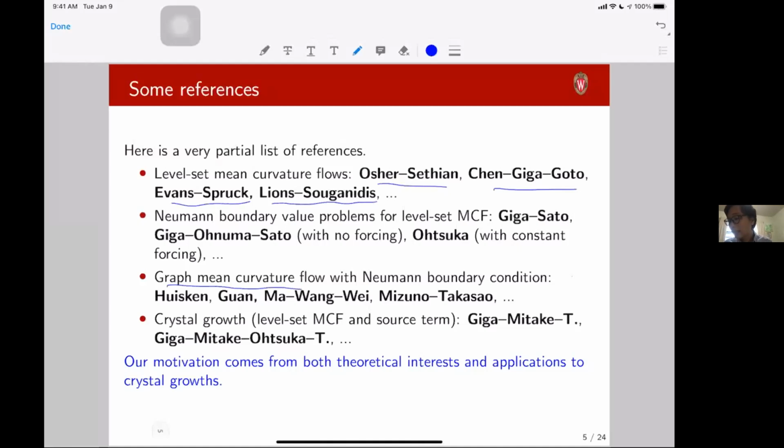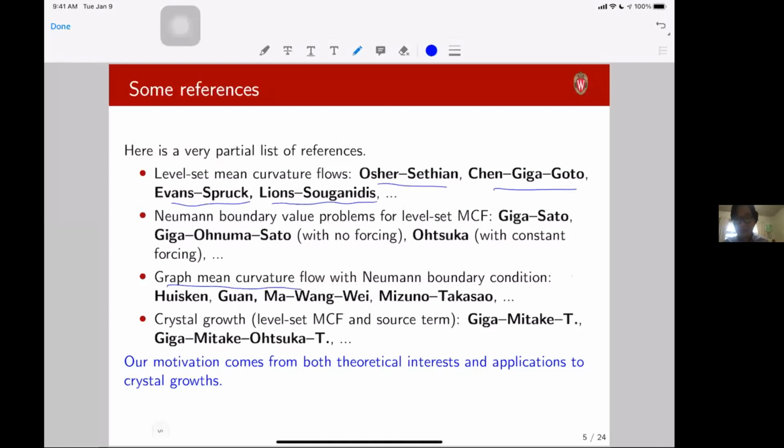And also we have motivations coming from crystal growth. In crystal growth, as I said earlier, we have the growth of a crystal inside an inhomogeneous medium, in which the crystal is being grown by various materials already floating around.